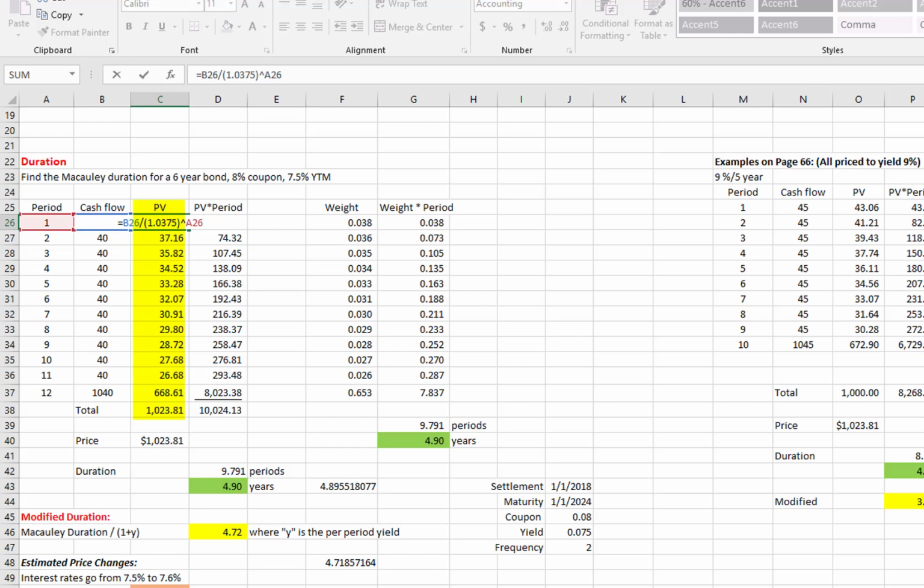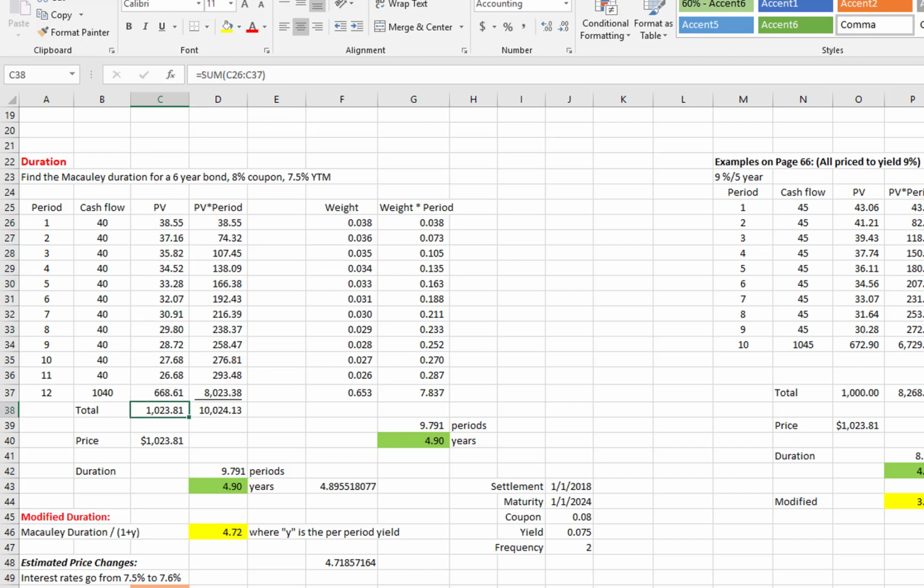And you can see in this case I'm referring over to that cell, the period column, and that tells Excel how many periods I'm going to discount the cash flow. So if I go all the way down here to this last cash flow and look at it, I am going to be discounting this cash flow 12 periods. So I've got the appropriate present value for each of those cash flows.